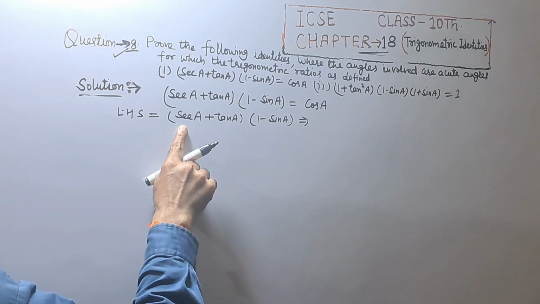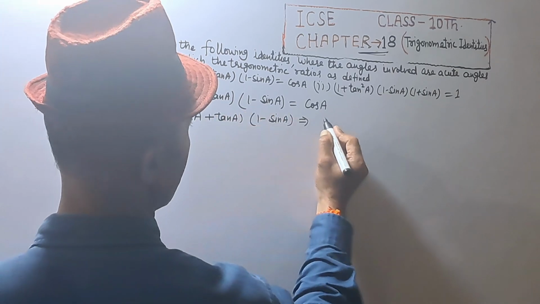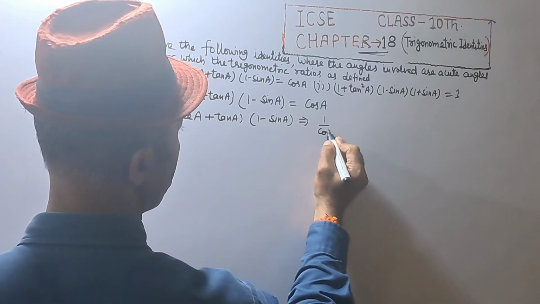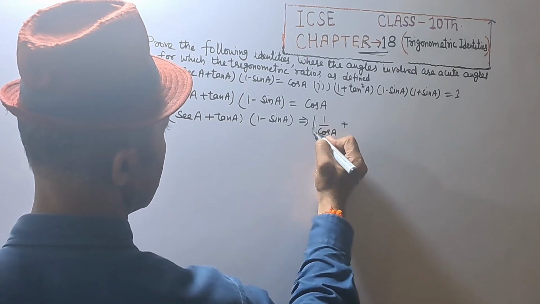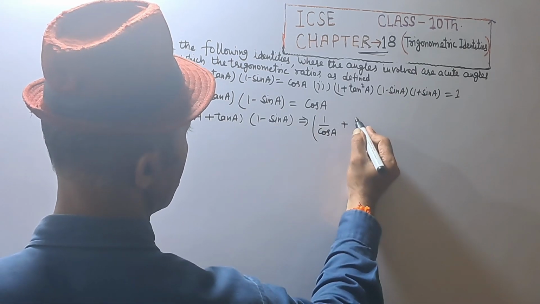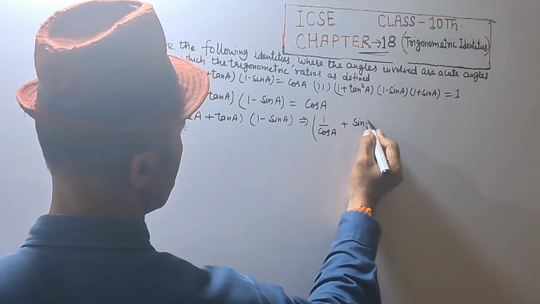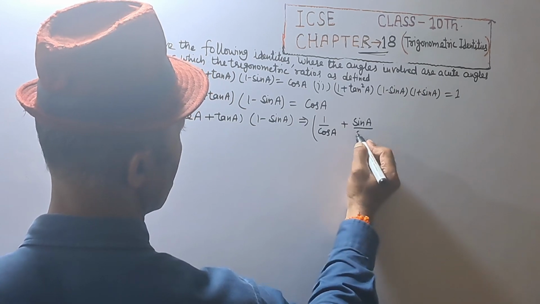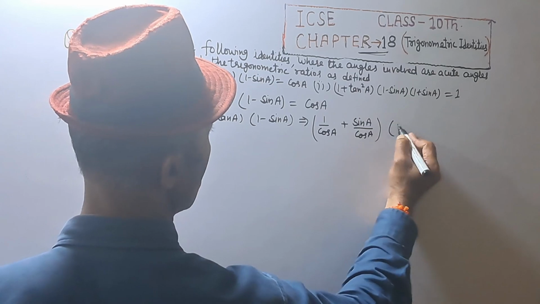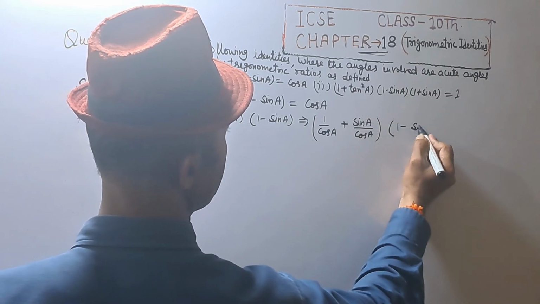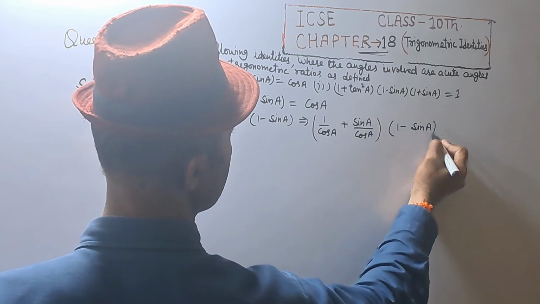Secant A we can write as 1 upon cos A, plus tan A is equal to sin A upon cos A, into 1 minus sin A.